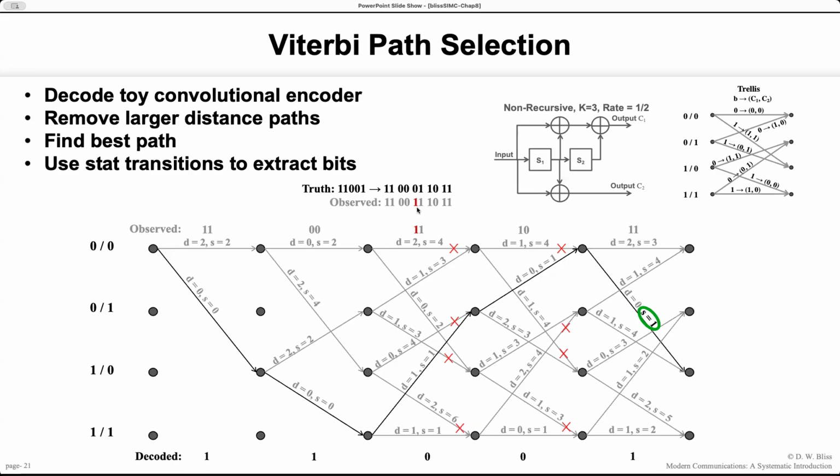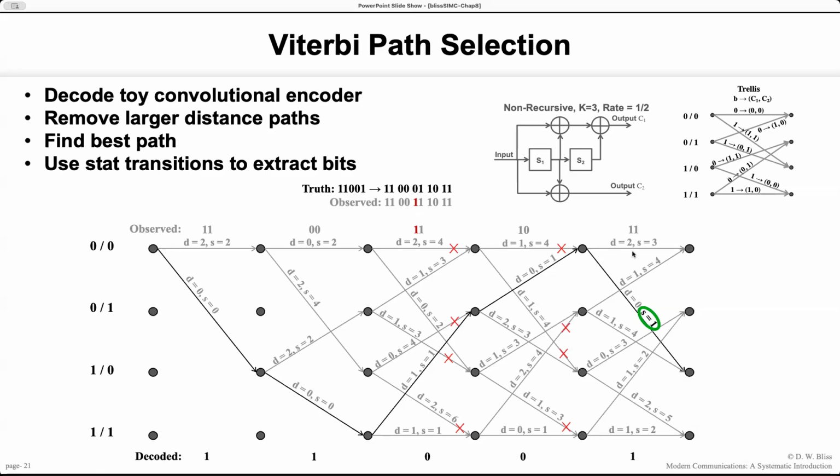So a couple of amusing things here. One, because of the way this code works, the information bits are not directly expressed in the output bits, the code bits that are sent. But the state transitions sort of know about what the input bit is. And there are like a gazillion possible state transitions. Well, not a gazillion.